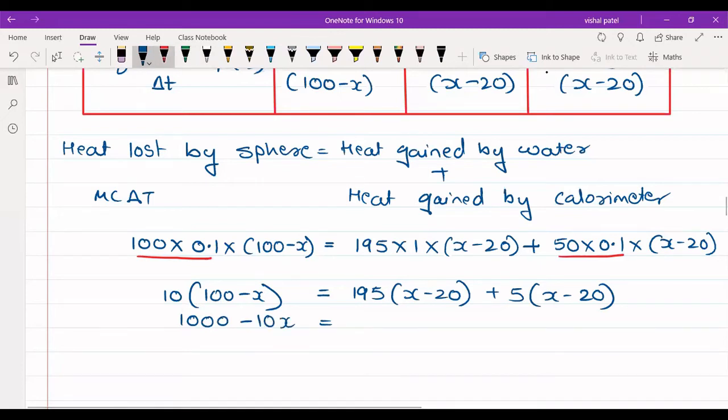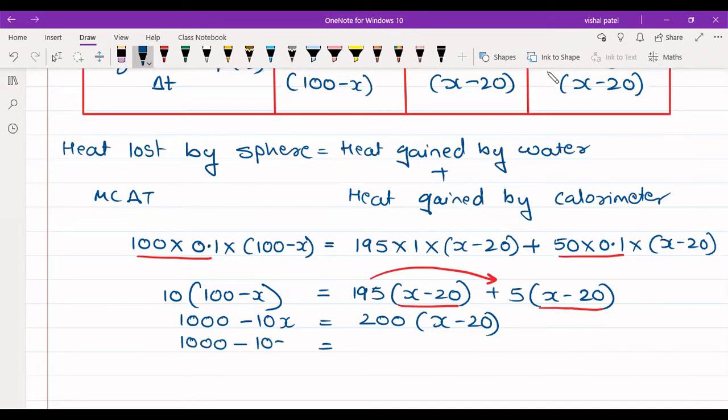Now students, a small thing which will make the sum a little bit easier. See, 195 has x minus 20 and 5 also has x minus 20, so I have to add. Can I just add 195 and 5 and write 200, and write x minus 20? Right, students? This will make your sum easy. If it is not understood, you can open the bracket and solve. You will get the same answer.